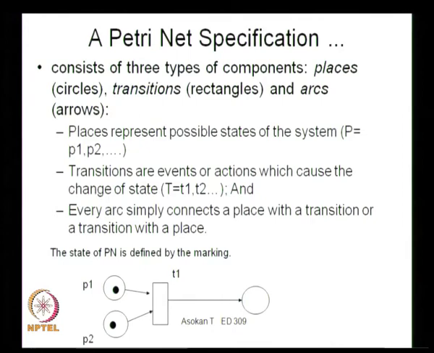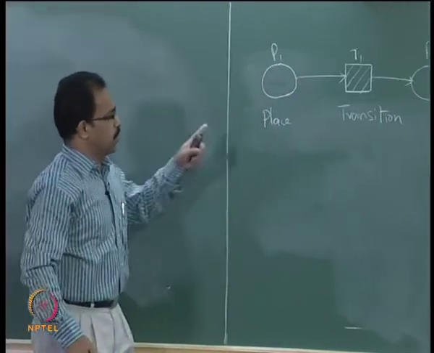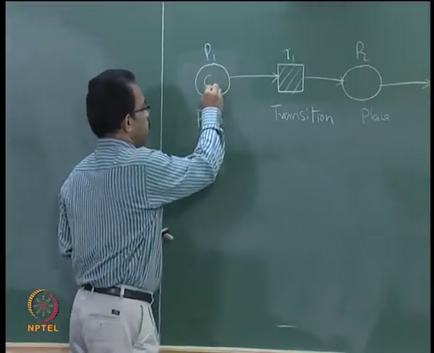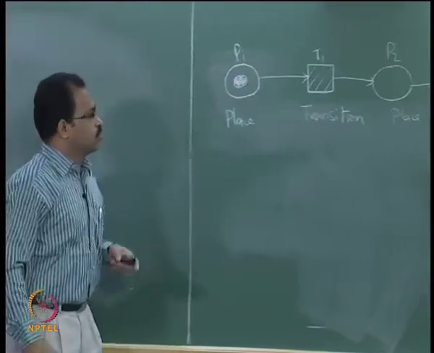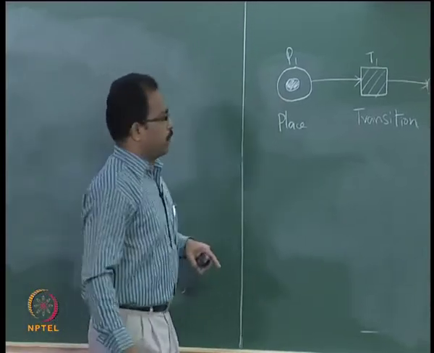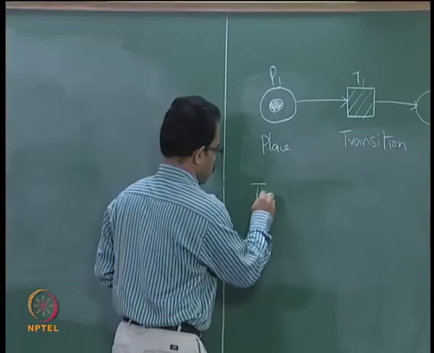Again, the state of a Petri net, or the state of a particular place, is represented by a marking, a black circle or filled circle, which shows whether it is in active mode or not. This is known as a token.